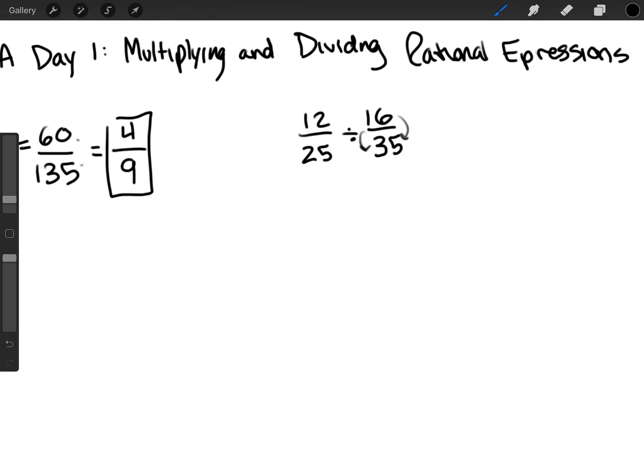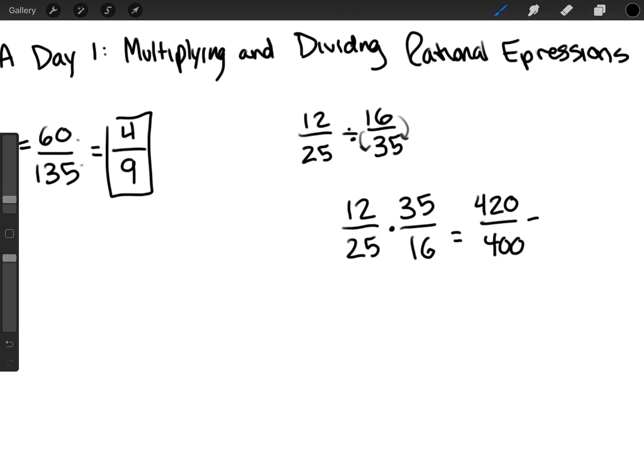So, 12 over 25 divided by 16 over 35 would actually be 12 over 25 multiplied by 35 over 16. And that would come out to 420 over 400. And these are both divisible by the same numbers, so it would become 21 over 20.